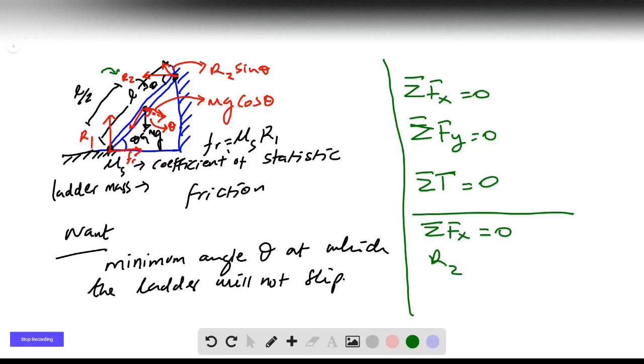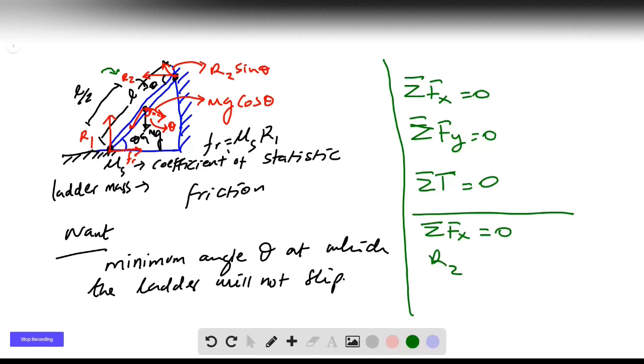So if that's the case, if this is our positive x direction, so if this is our axis like that, this is x and this is positive y, this is positive x, it means R2 is going to be negative, and then the frictional force is pointing in the positive direction. That means the result is 0. So then we have Fr minus R2 equals 0.